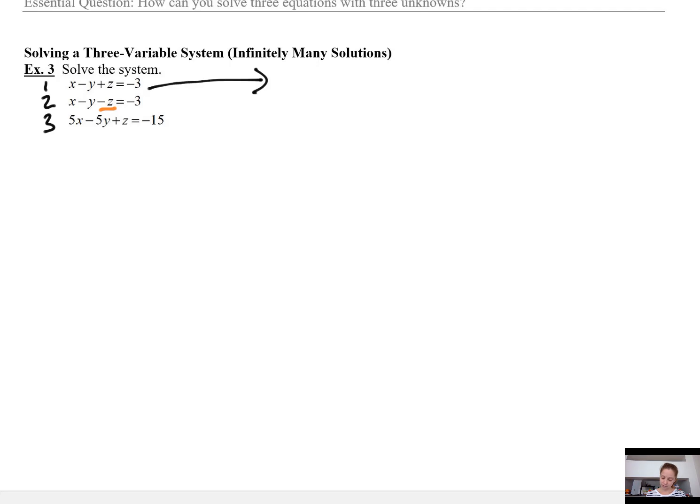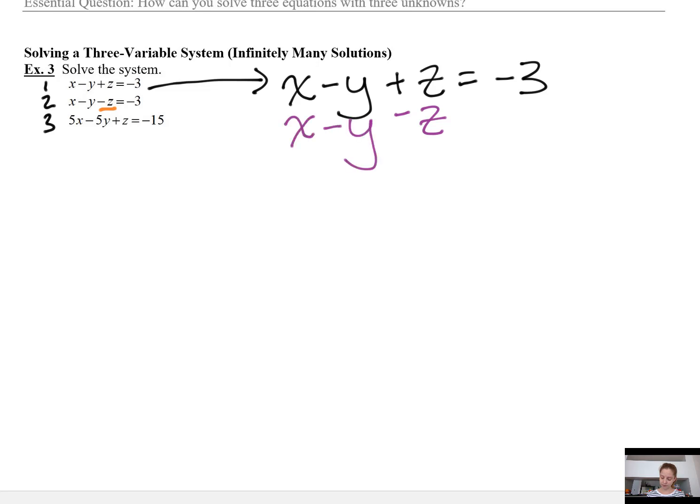So let's pull over the first equation, x minus y plus z equals negative 3. My goal is to get a negative z. The equation already has a negative z, this second equation number 2. So I'll pull that over as is.